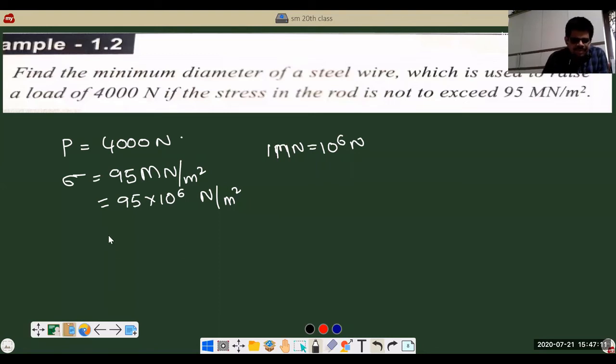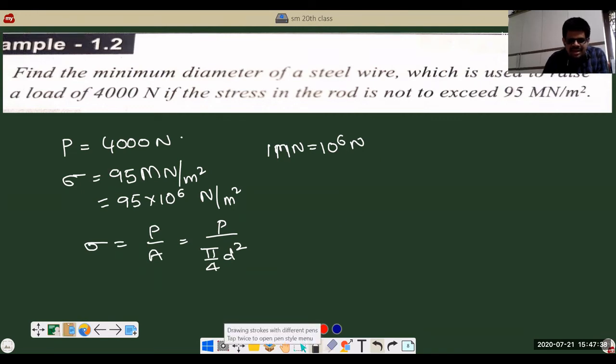So how do you get the value of diameter directly? We know that stress is equal to load by area, so P by area. See here, it is a steel wire. Steel wire means it is cylindrical, so the cross section is a circle, and that's why the formula is pi by 4 d square.